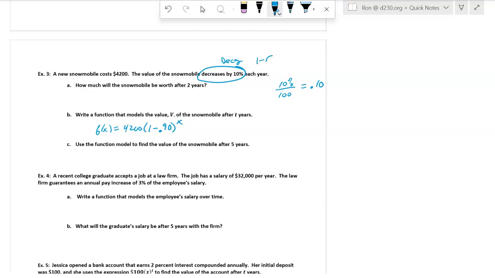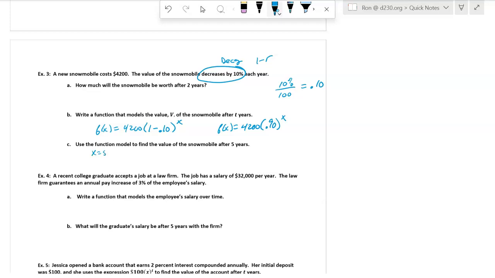And I would simplify this as f of x equals 4,200 times 1 minus, oh, excuse me, sorry about this, 1 minus 0.1, which ends up being 0.90 to the x power. Sorry, I did 1 minus 0.90, and this would be 1 minus 0.10. So use this function model to find the value of the snowmobile after 5 years.